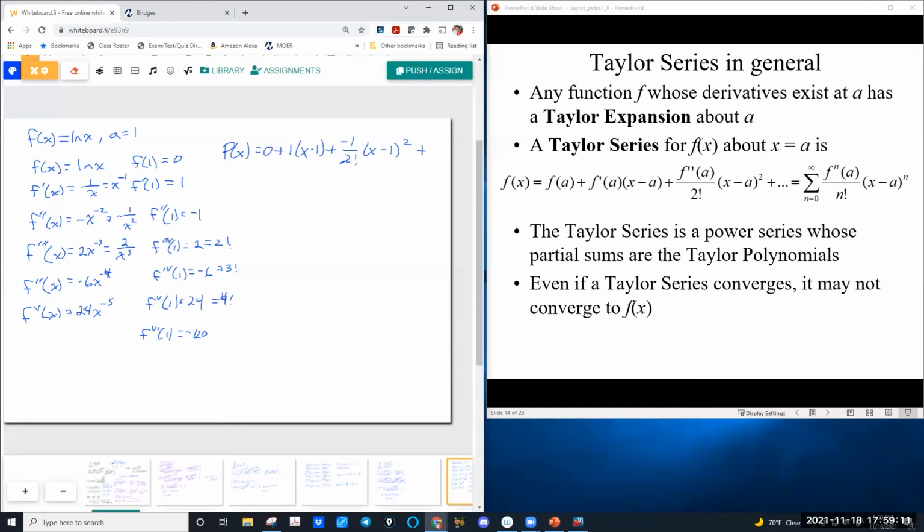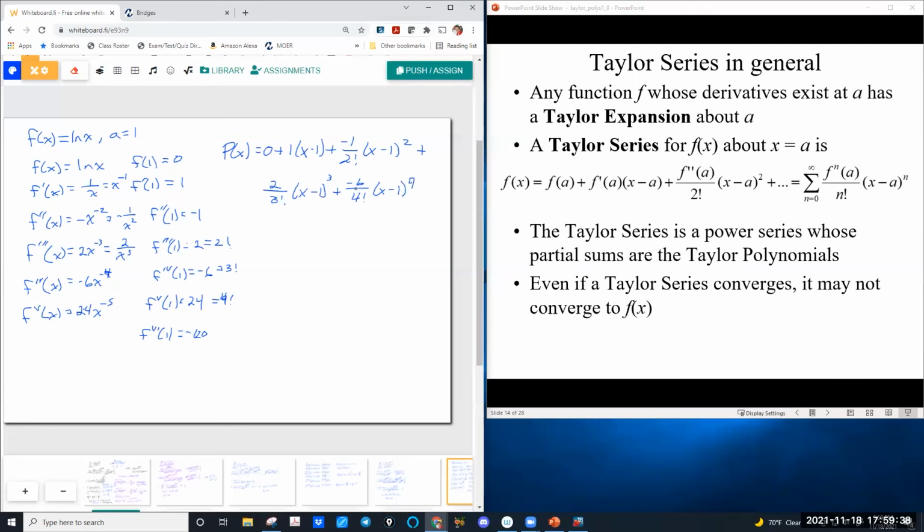Now we go to the third derivative, which is a positive 2 over, it's the third derivative, so 3 factorial times x minus 1 to the third. So there's a very consistent pattern going on here. So now negative 6 over 4 factorial times x minus 1 to the fourth.